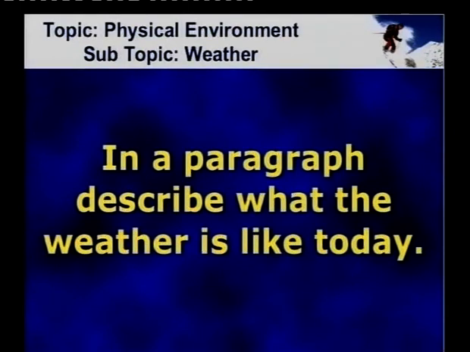Describe in your own words what the weather is like today. And maybe this question can also help you: how does the weather affect you today? How does it affect you one way or the other? So maybe you can include that in your paragraph, okay?